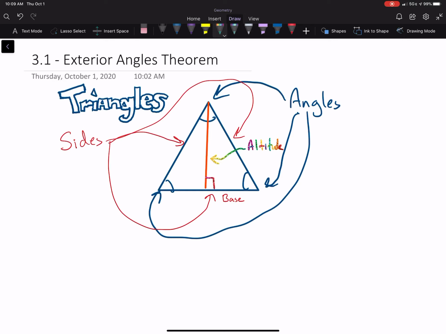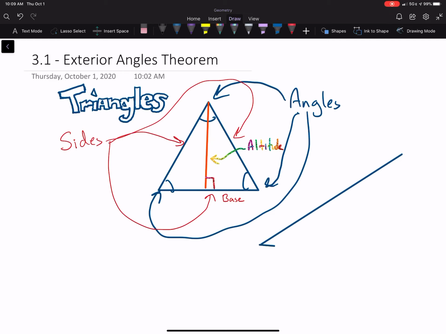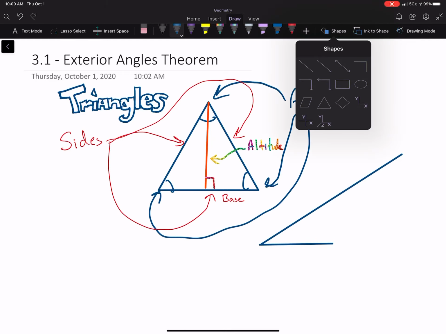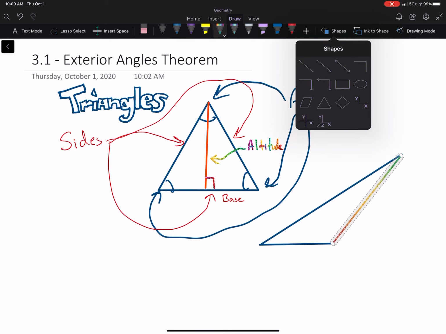Now, one thing to point out about the altitude is this. If I'm going to draw a funky triangle here. I mean, it's not that funky, but it's going to look a little different than this one. And I'm going to take one more line and draw it right here. If I have a triangle like this, now our altitude is a little bit different.